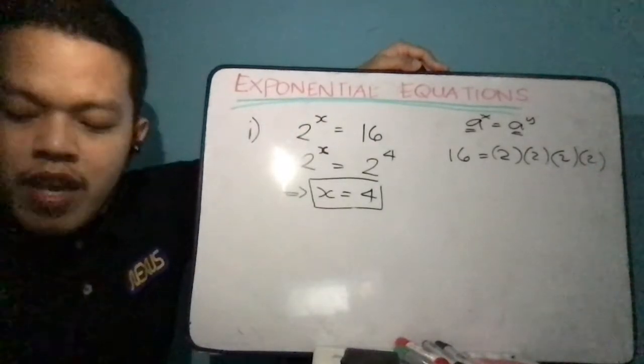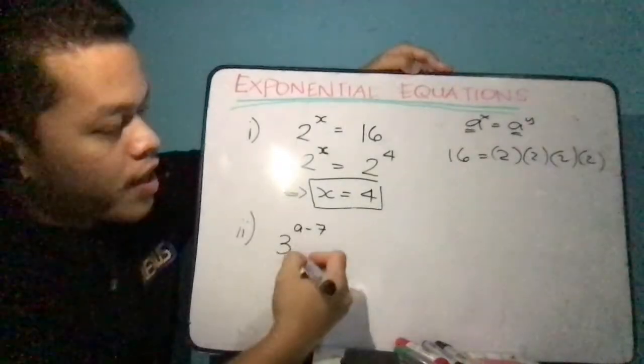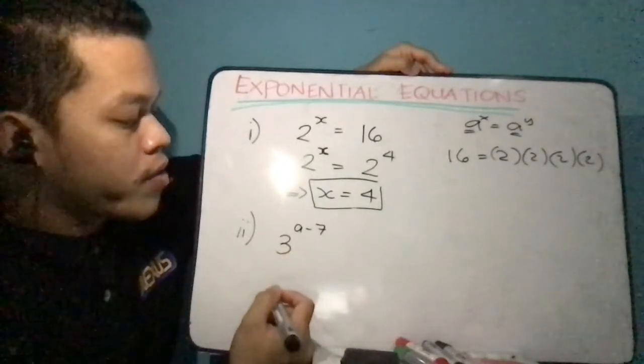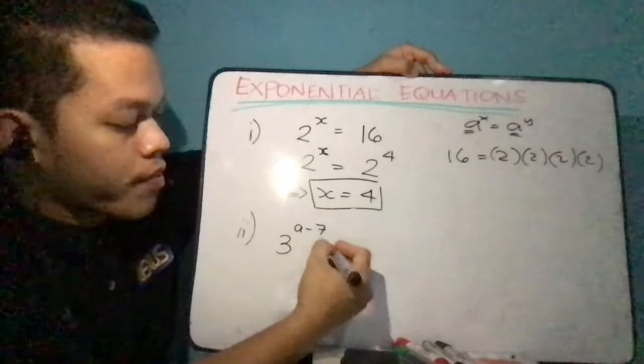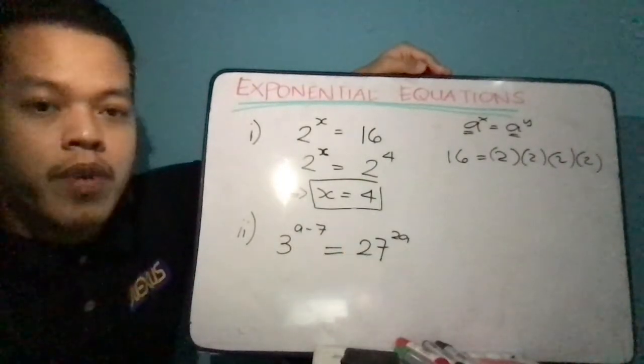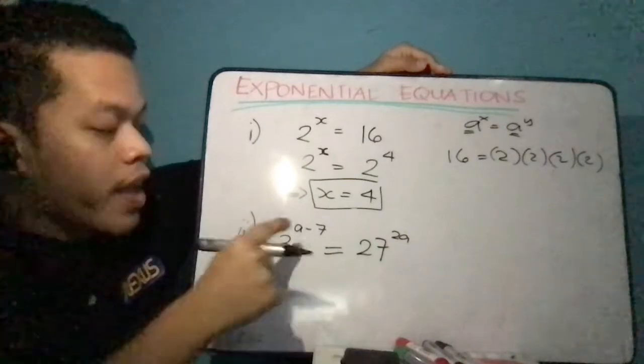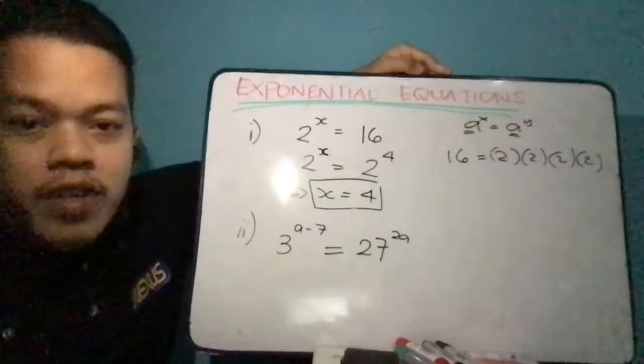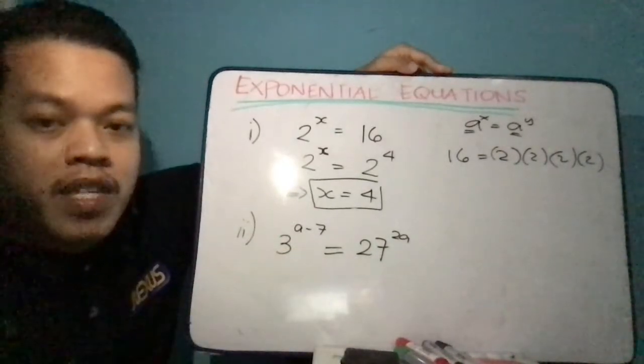Okay, let's try other examples. Let's have 3 to the power of a minus 7 equal to 27 to the power of 2a. As you observe, we have two different bases here. We have base 3 and base 27.